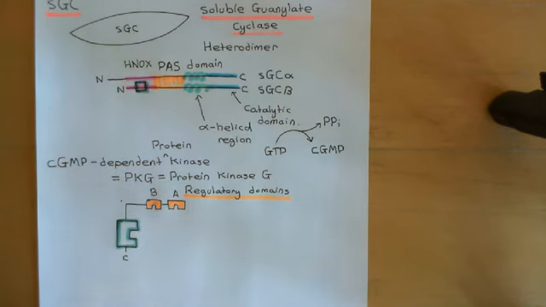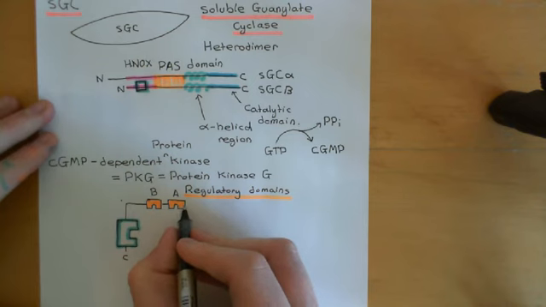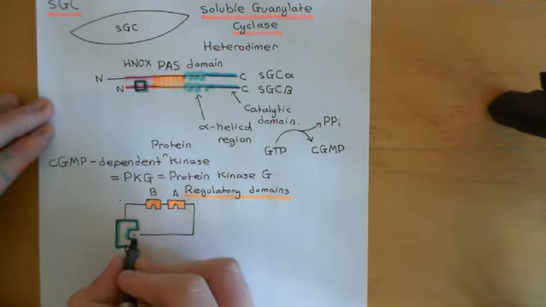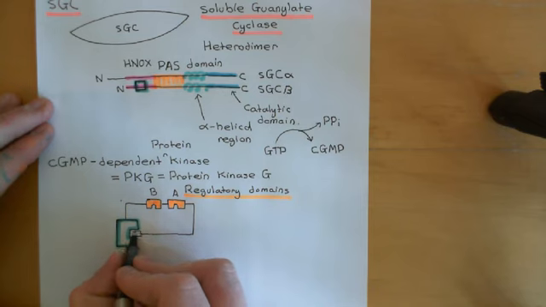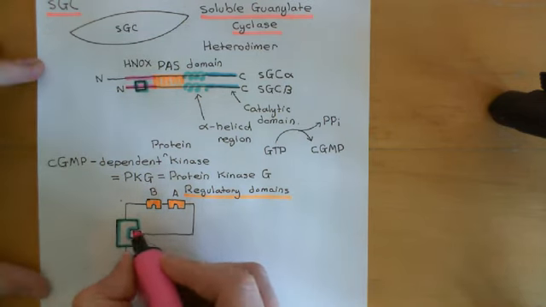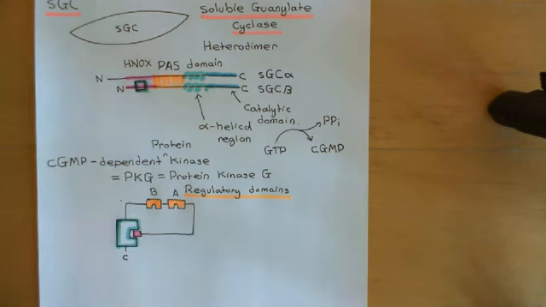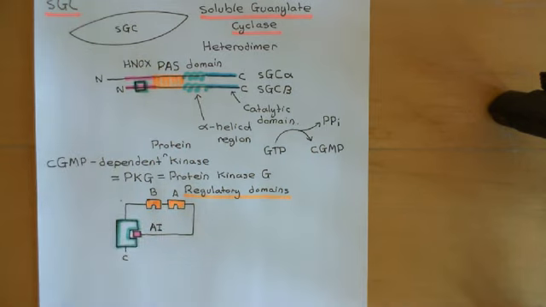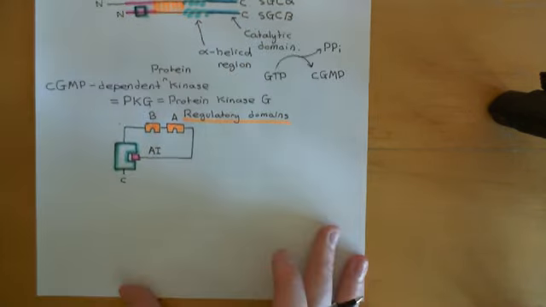Okay, right. Then, after the two regulatory domains, you have a portion that is an autoinhibitory domain here, which is usually sitting in the active site of the catalytic domain and inhibiting it. So this is another example of an autoinhibitory domain inhibiting the catalytic domain, as we saw earlier with myosin light chain kinase.